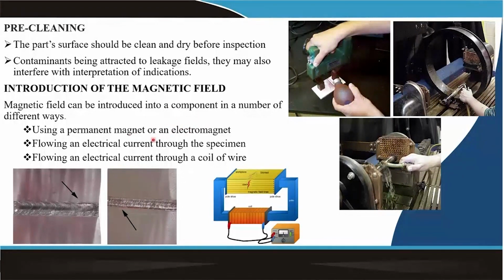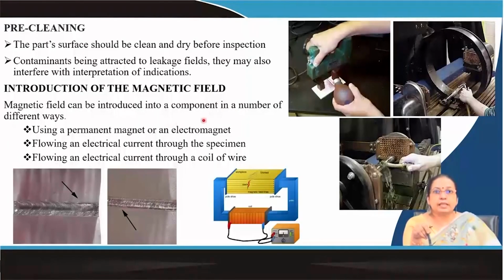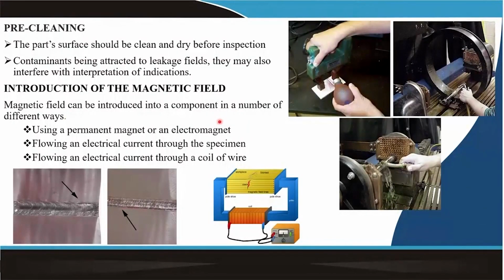You also apply the magnetic particles on the surface, and then detect any discontinuities from the alignment of the magnetic particles on the surface in the presence of the magnetic field.